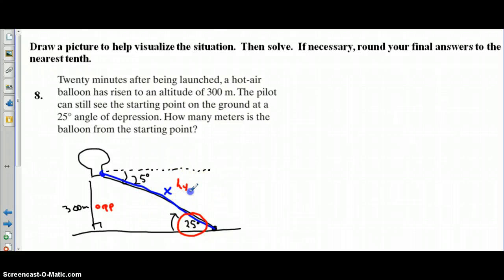That is our hypotenuse. So using opposite and hypotenuse, we know that is the sine function. So the sine of our reference angle is equal to the opposite over the hypotenuse. And so if we substitute in what we know, the reference angle is 25 degrees. The opposite side is 300, and the hypotenuse is unknown, x.